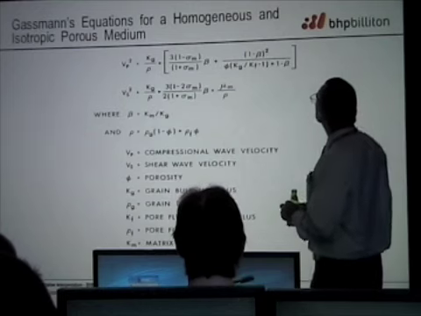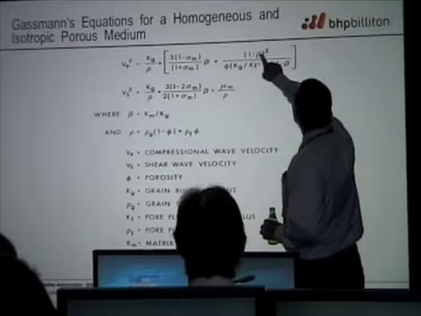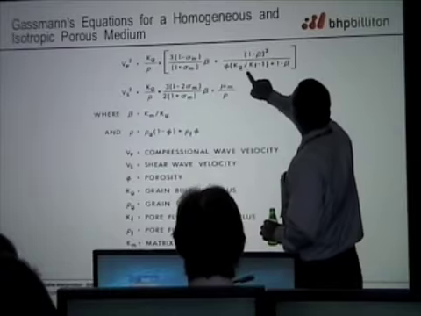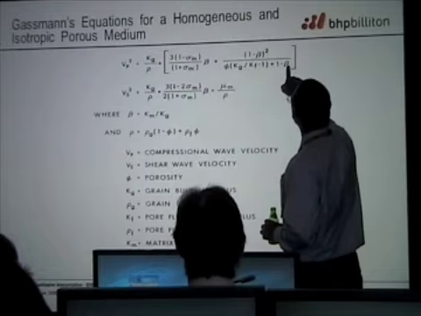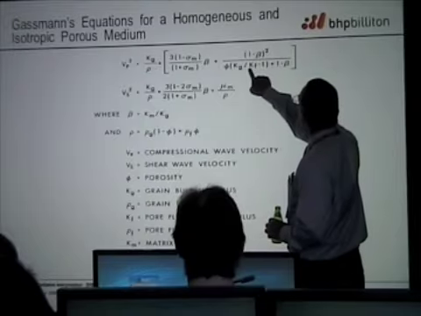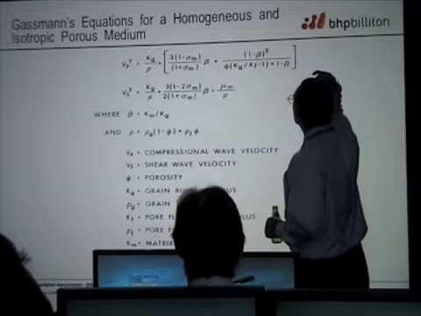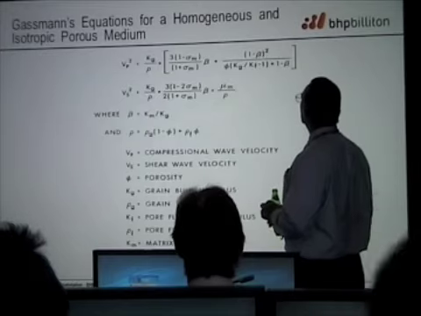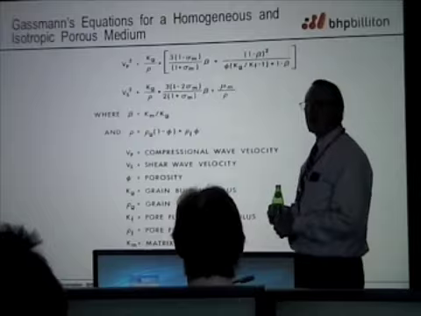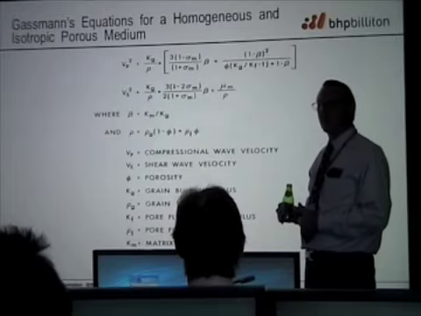What does change? Not this. The denominator changes. It changes right there. Porosity doesn't change. That's where it changes. I put in the hydrocarbon, which has a lower K than the brine.